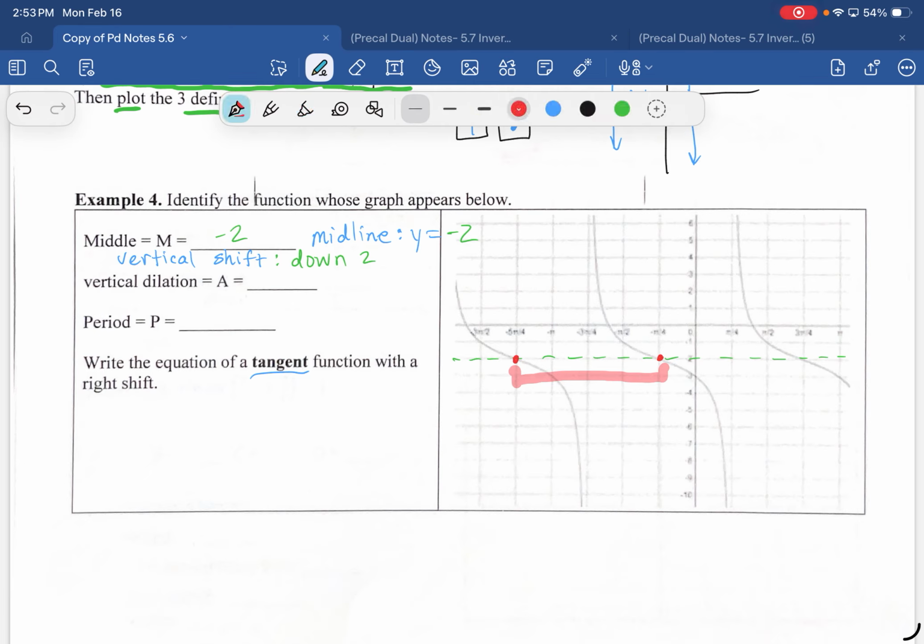The y-axis is counting by ones. It could go by ones or by twos or by a half, so you have to check every time. But these are 1 box apart vertically, and that is 1 unit on this scale. That tells us that absolute value of A is 1.